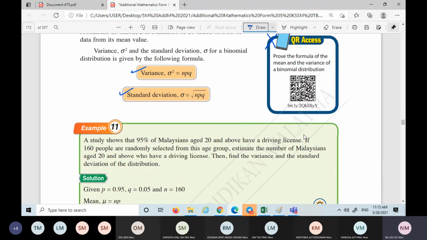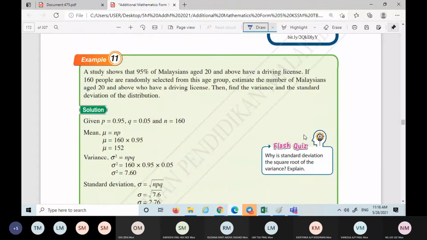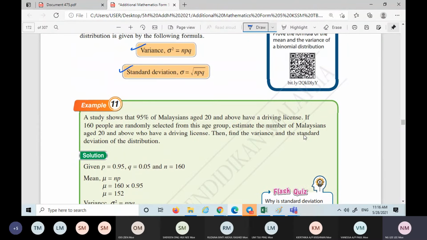Okay, let us see this example. We want to use just now those formulas, np and then npq, to find this. A study showed that 95% of Malaysians aged 20 and above have a driving license.